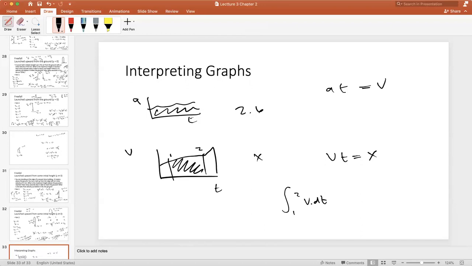Go through that section in the book and make sure you understand it. That would give you the position, right? Because this would become v times t, which would give you meters per second times second. It will give you meters. This integral will give you meters.